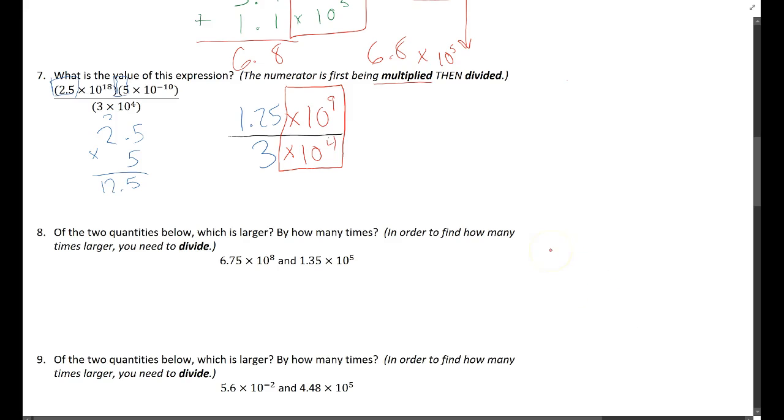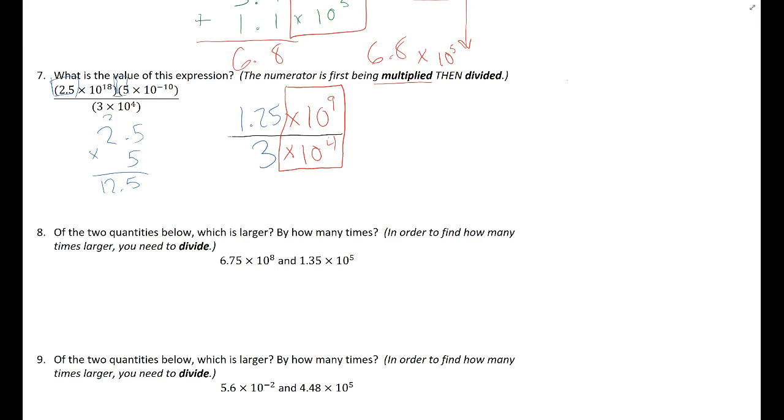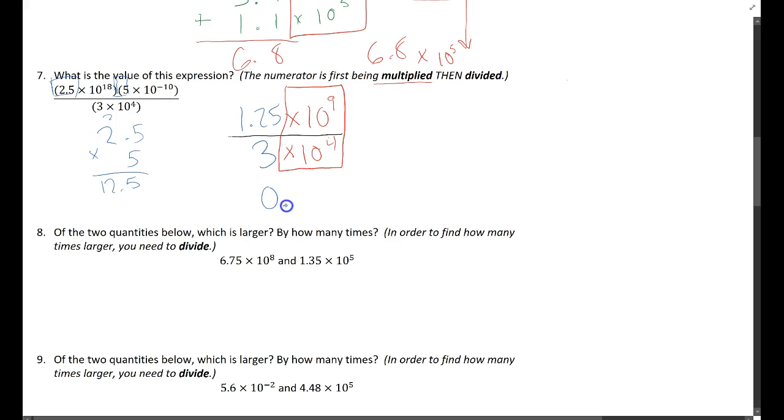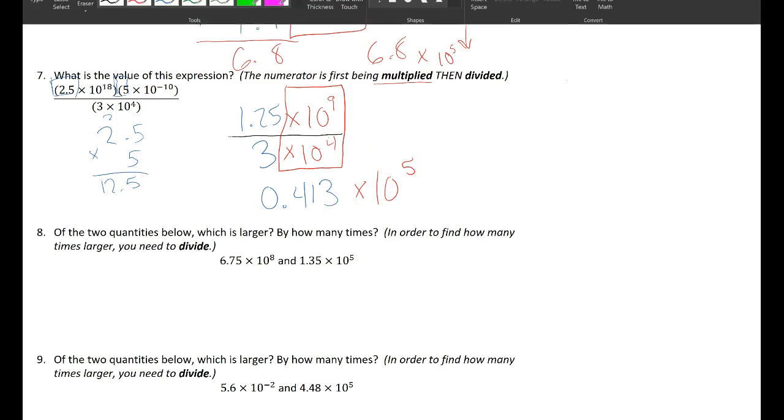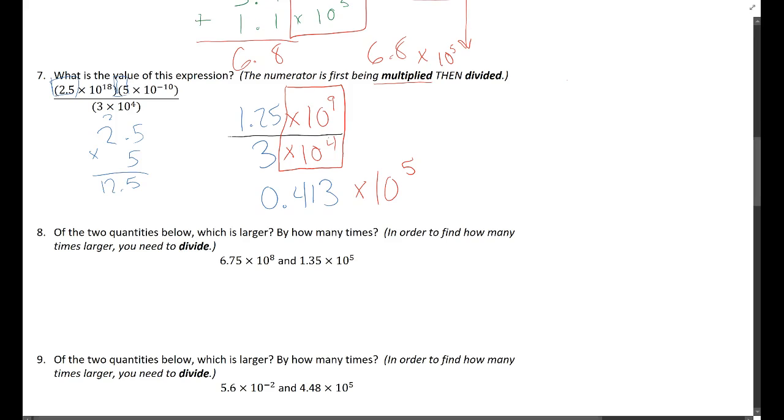And if you check a calculator, you'll get the same thing. I get 0.413 times 10 to the 9, and I'm dividing, so minus 4. 9 minus 4 is 5. 0.413 times 10 to the 5. But I'm sure you've already noticed this is bad scientific notation, so I need to move this decimal to the right.